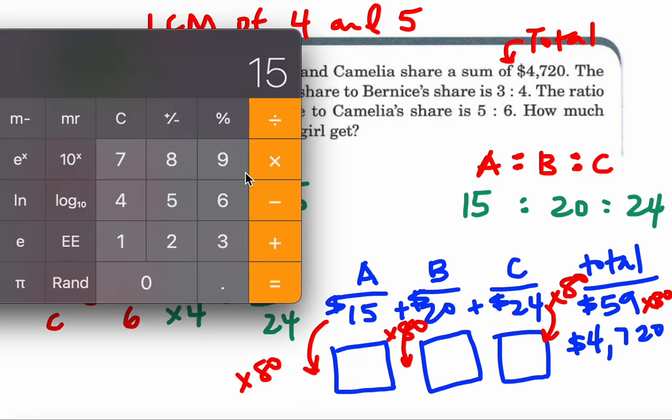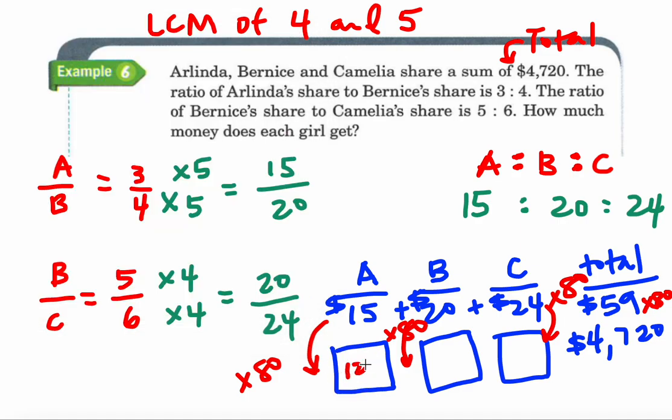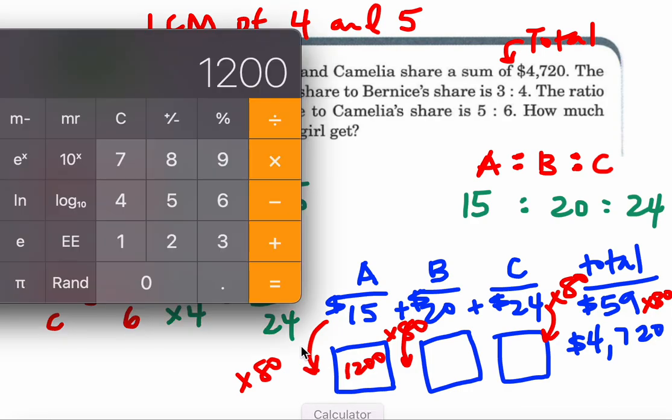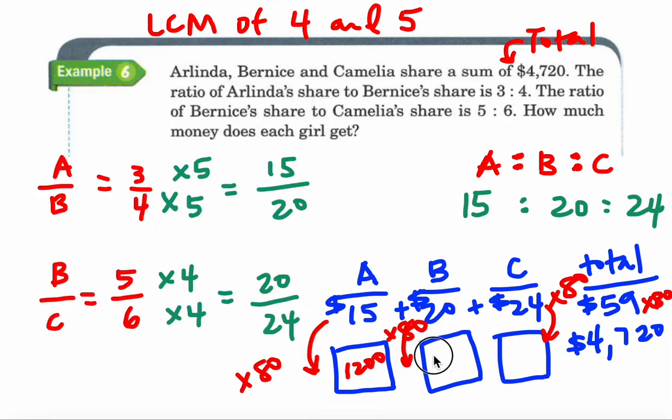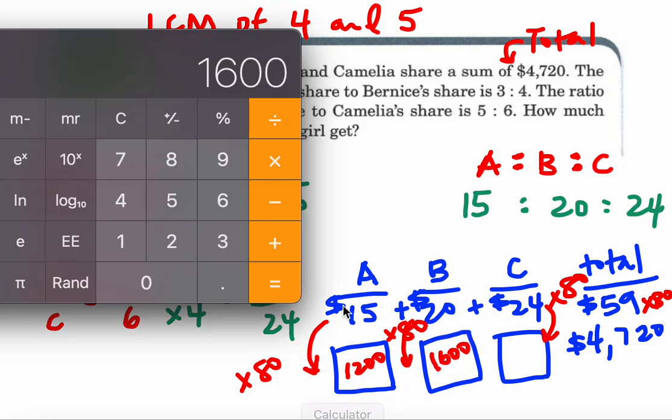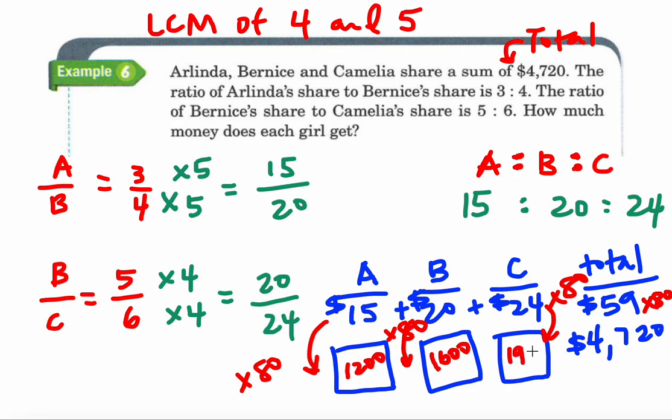Okay, so 15 times 80 is 1,200. And then 20 times 80 would be 1,600. And then Camelia is 24 times 80, which is 1,920.